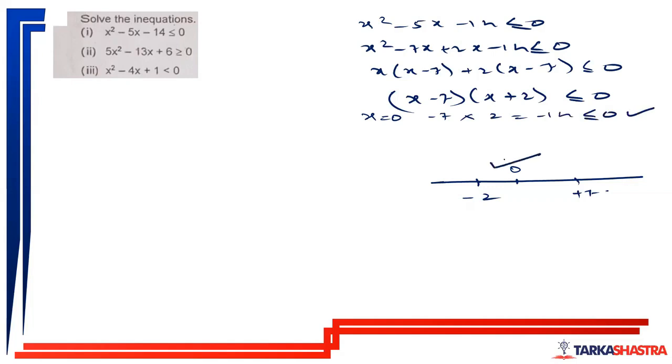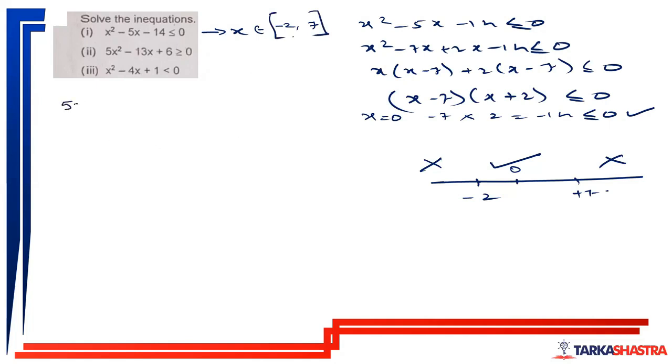So this range works for us. If this range works, this range will not work for us, because the ranges are alternately acceptable, not acceptable. So the range of x for which this inequation is satisfied is minus 2 to 7. Now that we have equal to, we'll take closed brackets.